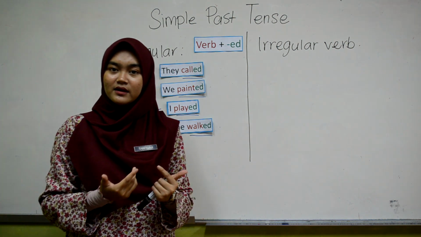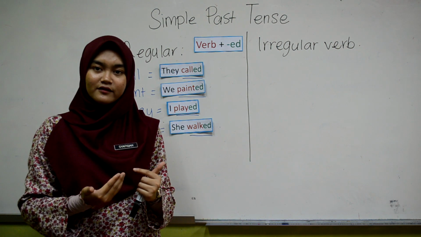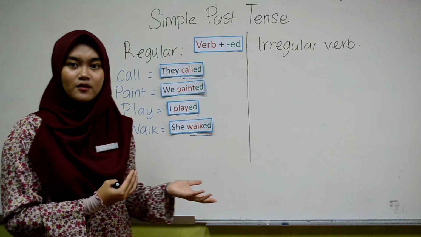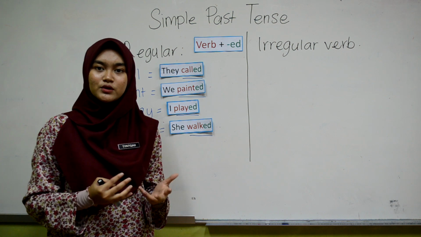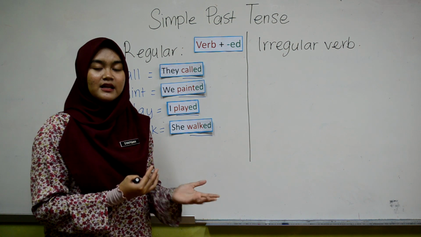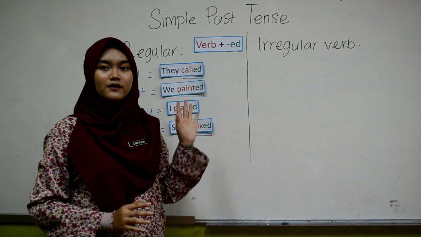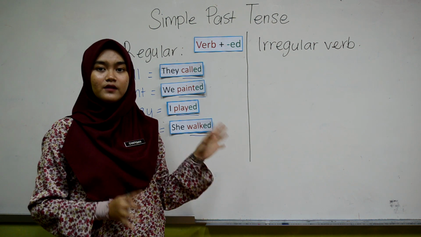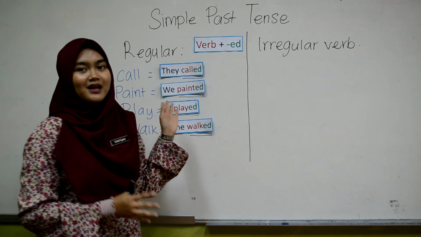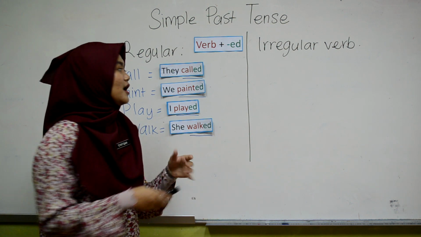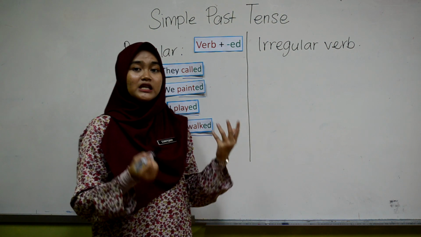For irregular verbs, it is a bit hard for anybody who is new to this topic. But if you are used to it and keep practicing, then it is going to be easy for you. Irregular verb is one type of verb other than regular, and the rule here is you don't have to put ed.